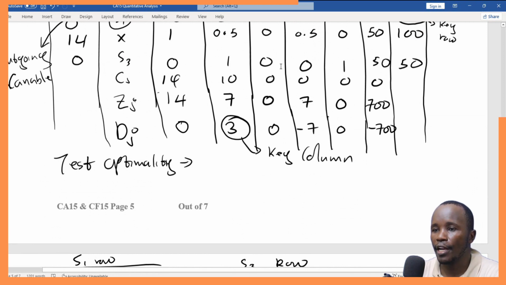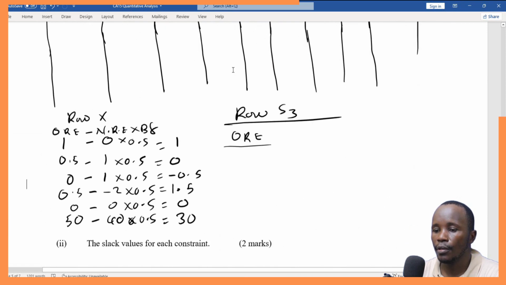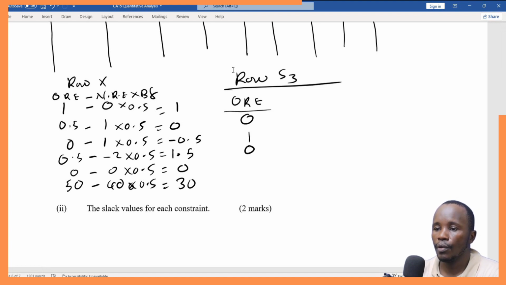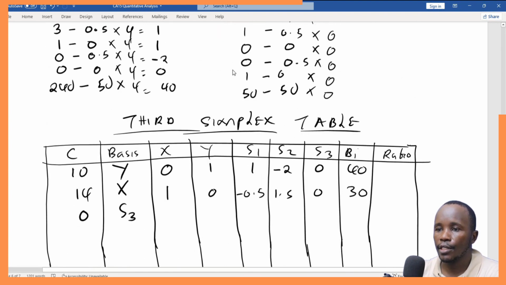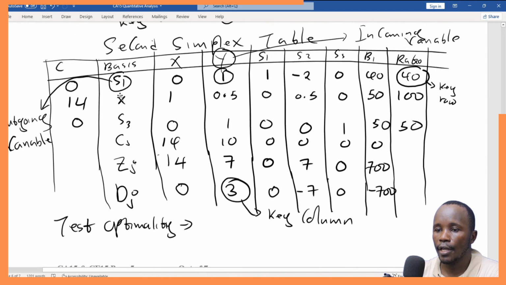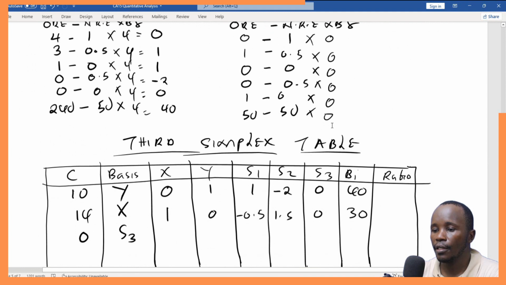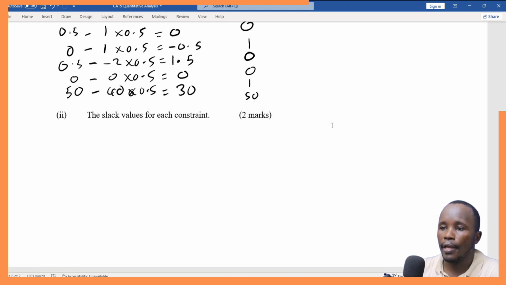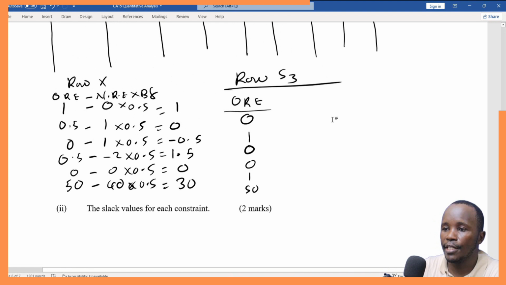These are the old row elements. 0, 0, 1, 0. 0, 1, 0. Then 0, 1, 50.